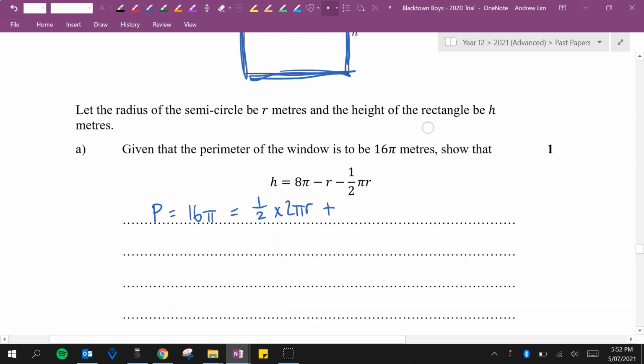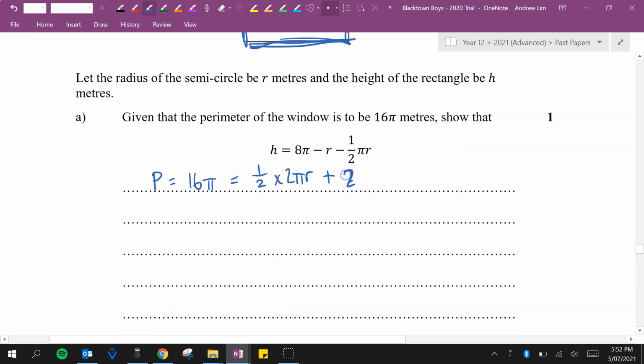So we've got 2h plus 2r. So 16 pi is equal to pi r plus 2h plus 2r.